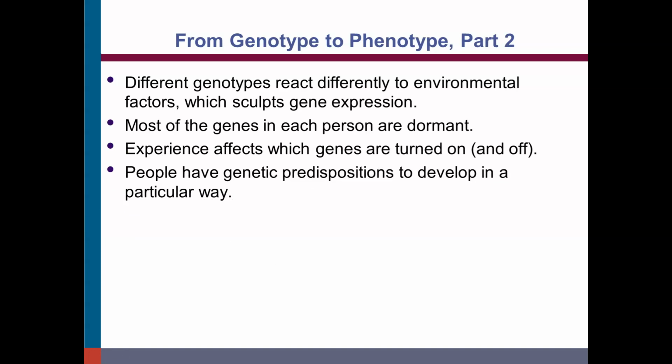Now, different genotypes react differently to environmental factors. And that's actually what sculpts gene expression. So what does that mean? Well, we all have certain types of genetic inheritance and information, but the genes that we inherit may not express completely.